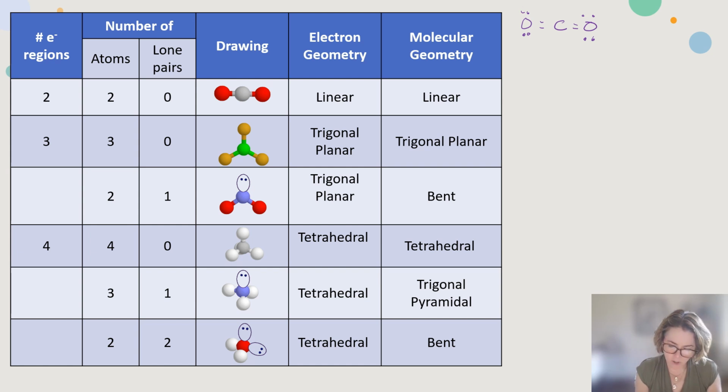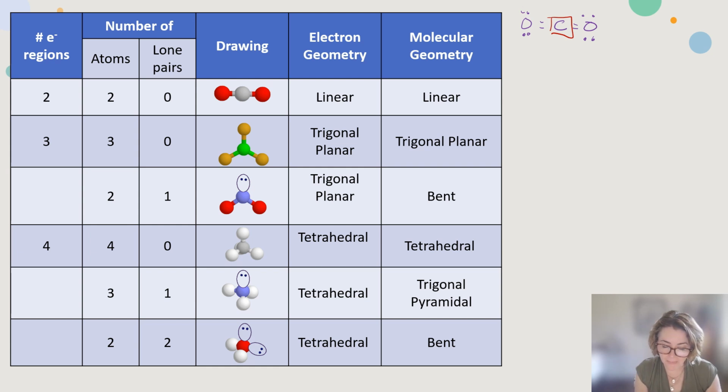In this case, carbon is my central atom. So I'm just going to go ahead and draw a box around my carbon. Then I want to investigate and find the number of electron regions around that central atom. Remember that single bonds, double bonds, triple bonds, and lone pairs all count as one region. And again, I'm looking at the regions around that central atom.